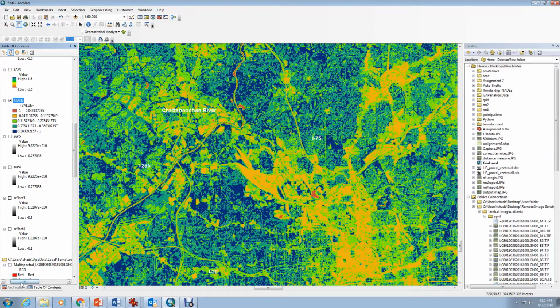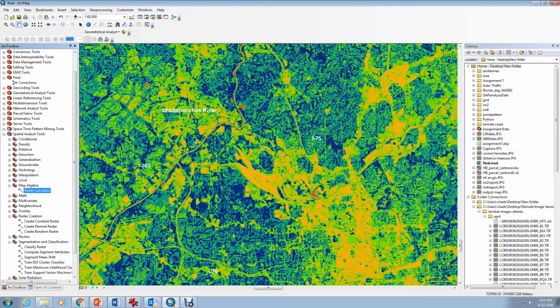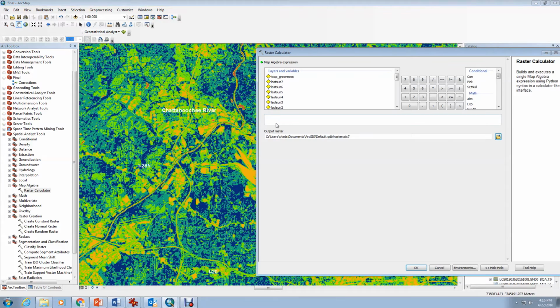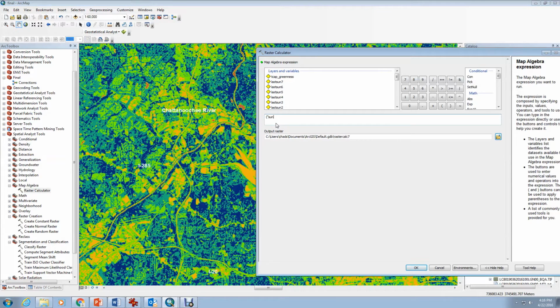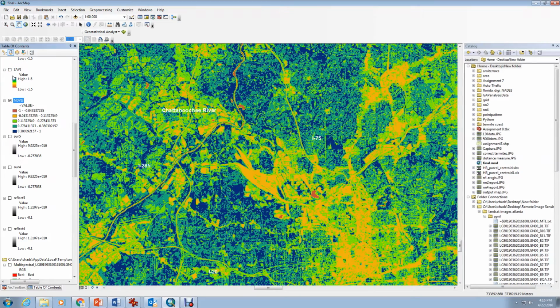So in our calculator, it would look really similar to our last equation with the Sun 5 minus Sun 4 divided by Sun 5 plus Sun 4, plus 0.5, and then all of that times 1.5 will give us our soil adjusted.